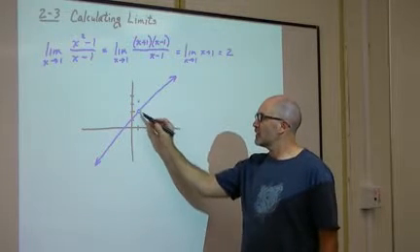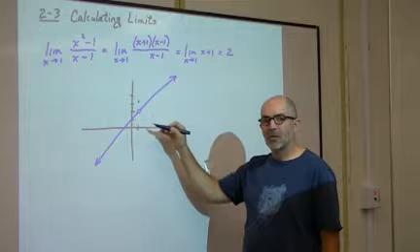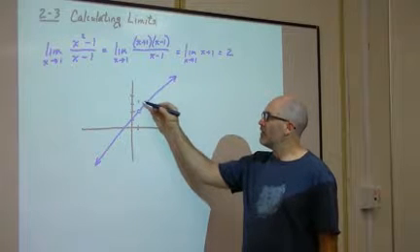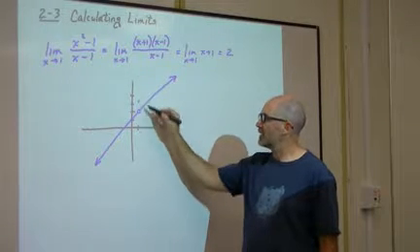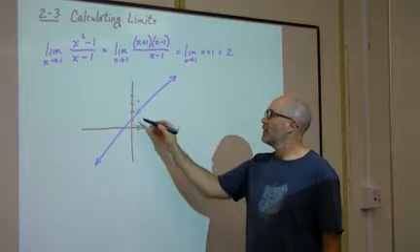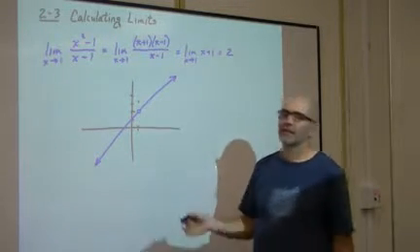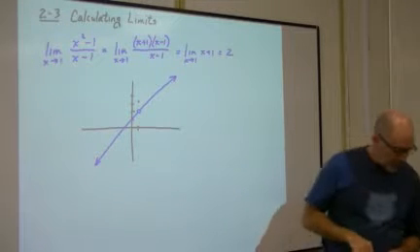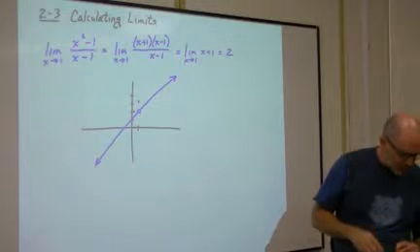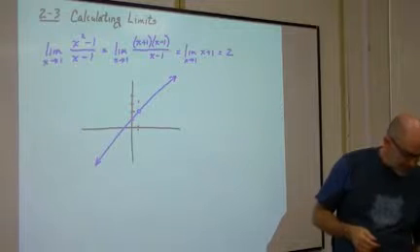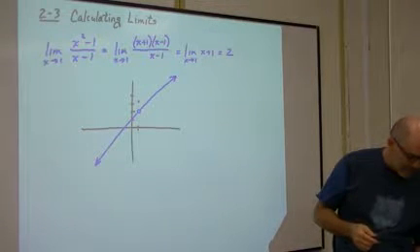Well, it's still 2, just the way it was before. Even though the value of the function at x equals 1 is pi, the limit of the function as x approaches 1 is still 2. So the function value has nothing to do with the limit at that point.